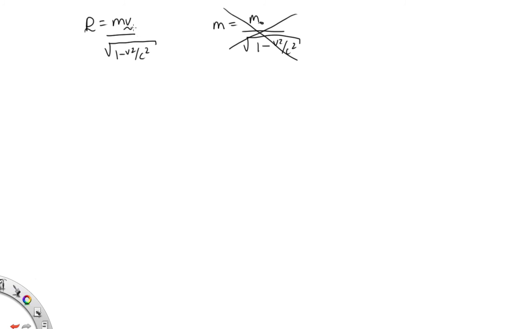Rather, it's the momentum which is changing, and the mass and this gamma term are separate parts of the momentum. Okay, now we're going to consider Newton's second law. We've said that all the laws of physics must be the same in all inertial reference frames.